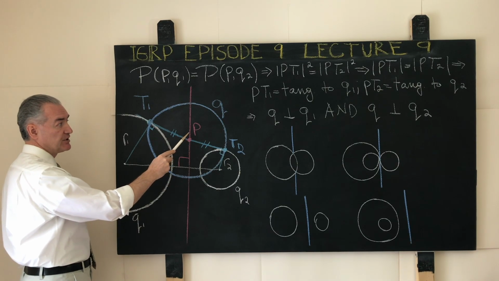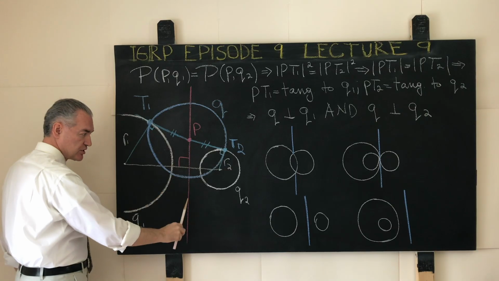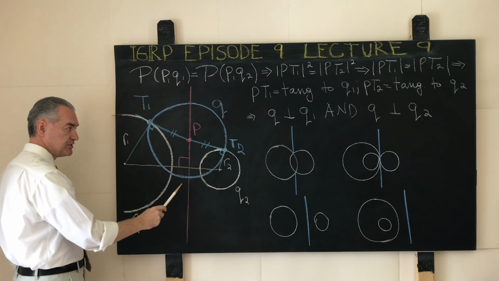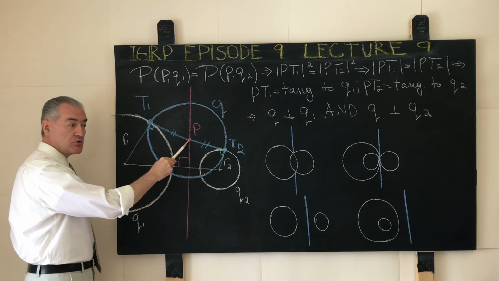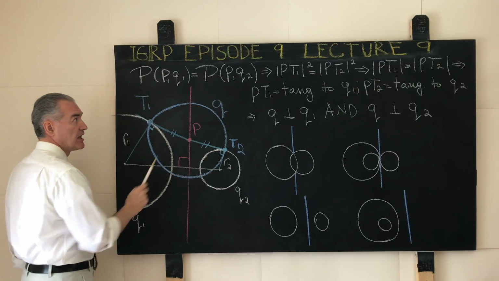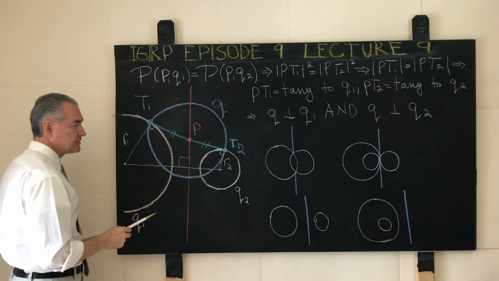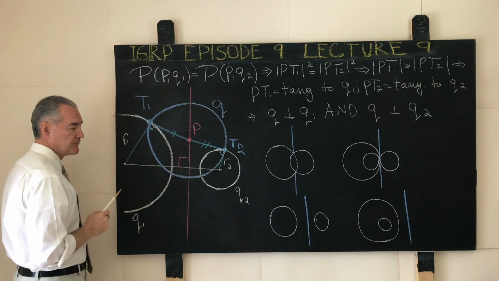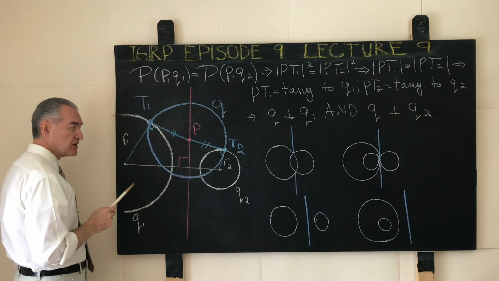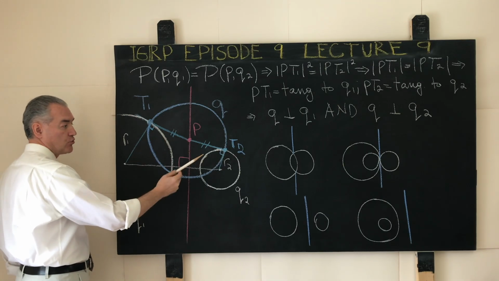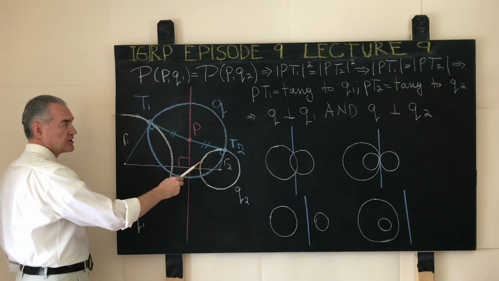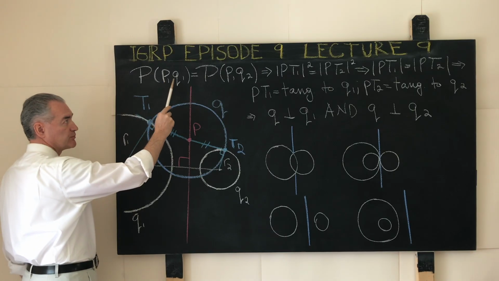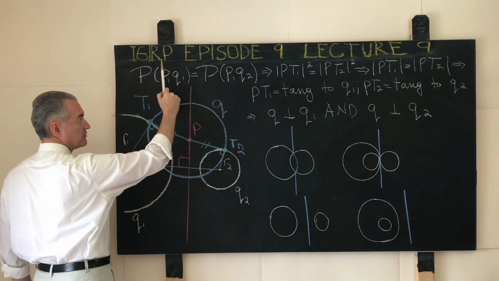But in our case, we define the radical axis of two coplanar non-concentric circles as the set of all points, each of which has the same power with respect to both circles. That means that if we pick any point P on the radical axis of the two circles, and that point is located strictly outside of both circles, or as a degenerate case, on such a circle, then we compute the power. We know by definition the power of that point with respect to either circle must be the same, they must match.